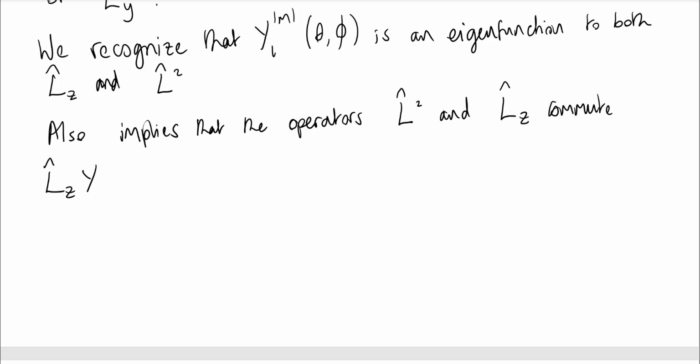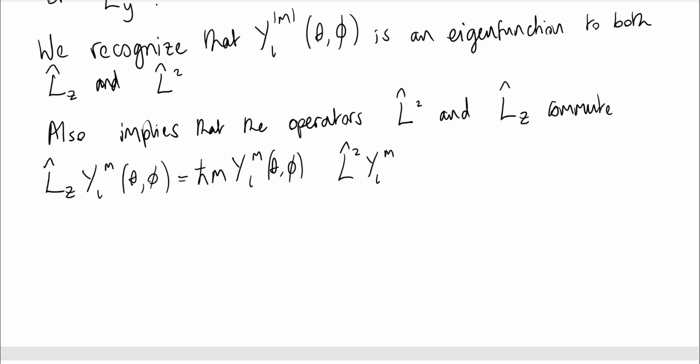So we operate now on Y. I'm just going to start using superscript m in here. That's a superscript, and that's equal to now h bar m. So that h bar m is our eigenvalue. And we've also got a similar equation here that we've looked at several times already.